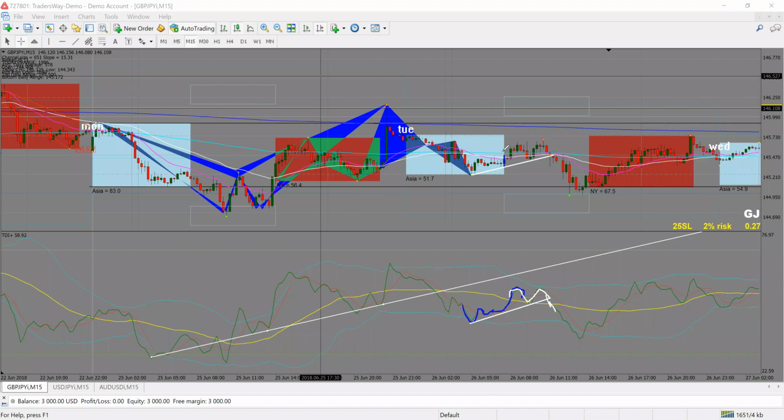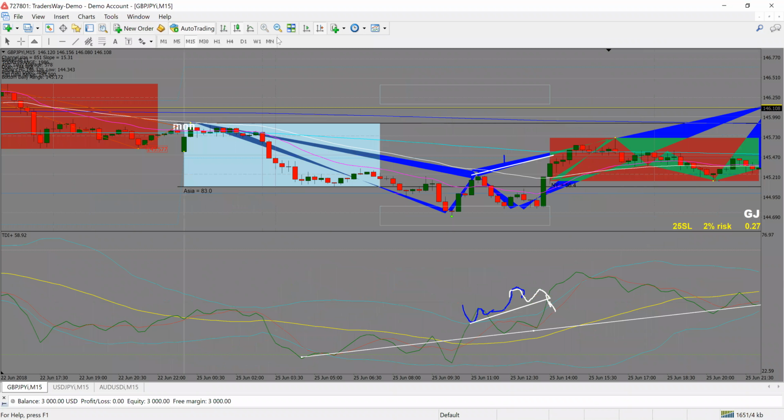And also there's a bearish pattern within this too. Let me draw the bearish pattern. You got a bearish pattern right here. Oh, shoot. I gotta go closer on this. Hold on.